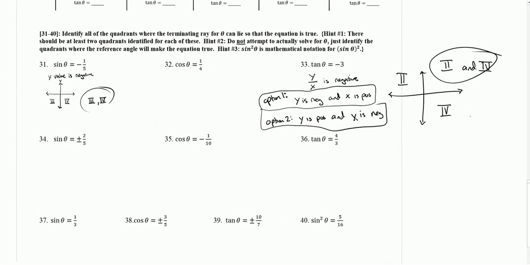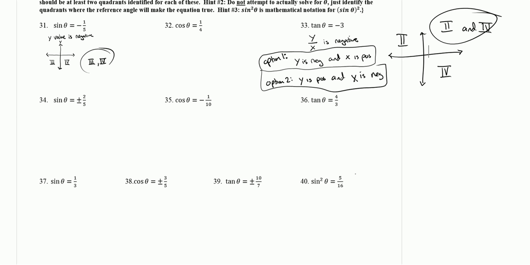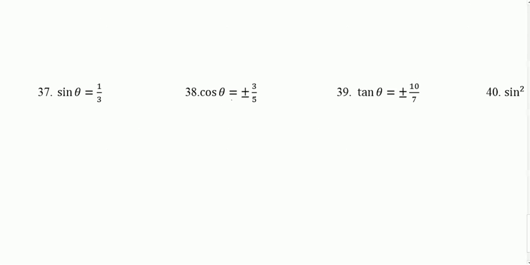Let's take a look at number 38. We have that the cosine is plus or minus 3 over 5. Well, cosine is your x value, and it's saying x could be positive or negative.